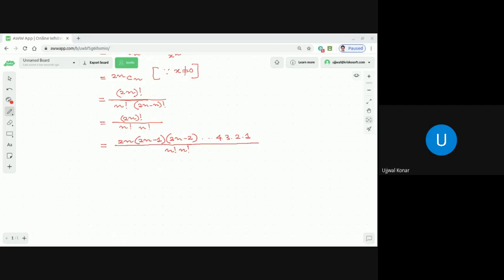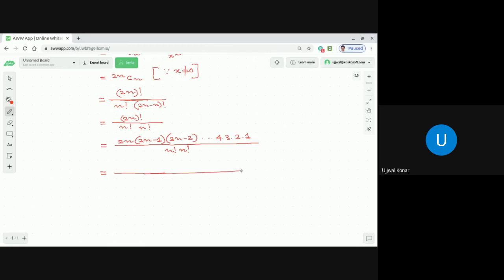If you see, 2n into 2n minus 1 into 2n minus 2 into 2n minus 3, in that way it goes up to 4 into 3 into 2 into 1. So out of these 2n terms, we can write the n terms something like this.